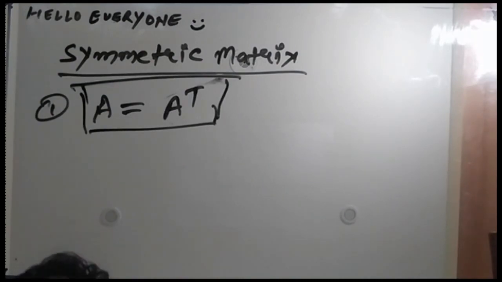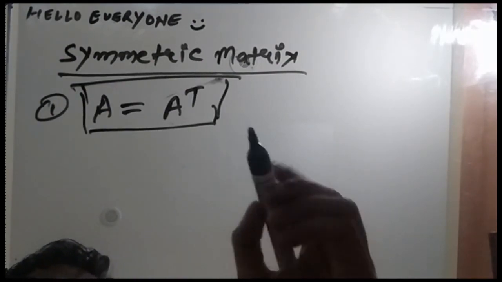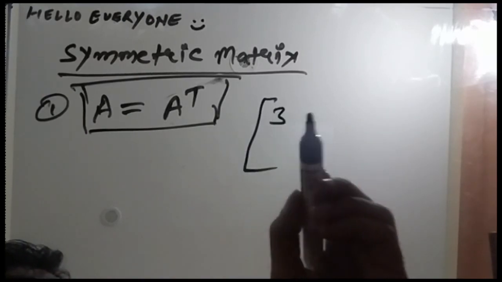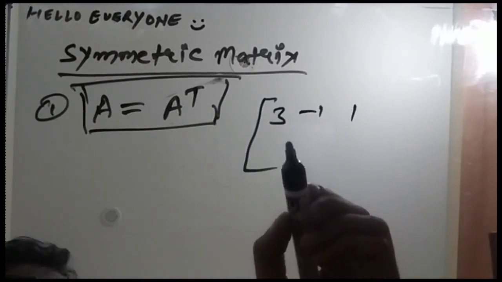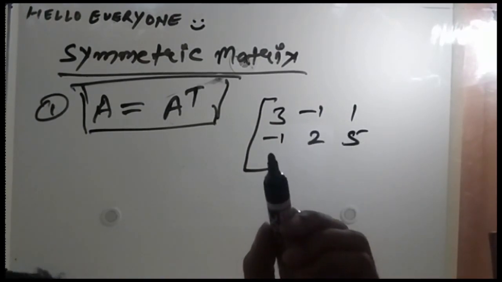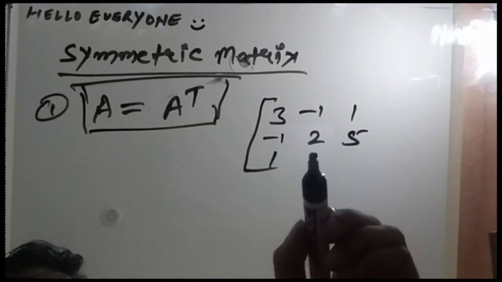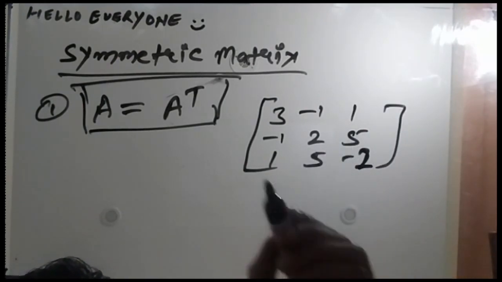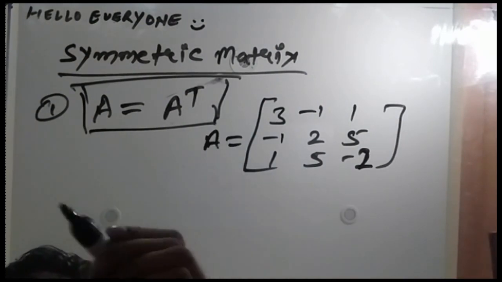For example, if there is a matrix 3, minus 1, 1, minus 1, 2, 5, 1, 5, minus 2, let's find the transpose of this matrix.